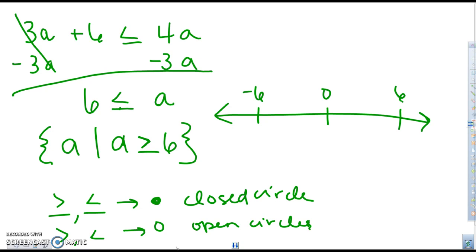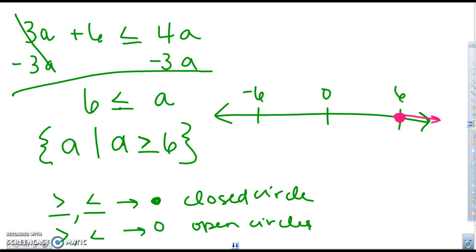So for this problem, a such that a is greater than or equal to 6, am I going to use a closed circle or an open circle? Good, a closed circle. Closed circle on the 6, and then a is greater than 6, so my arrow points this way.